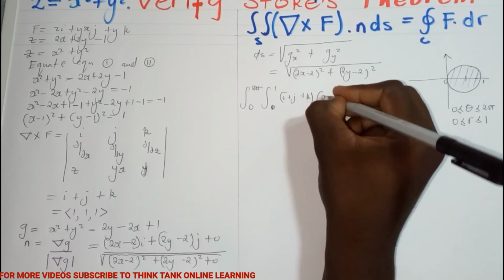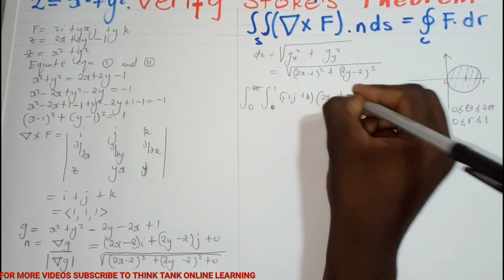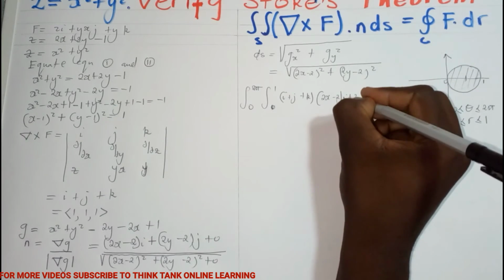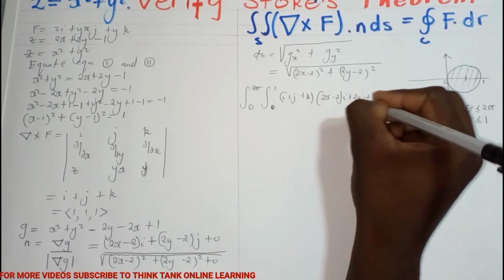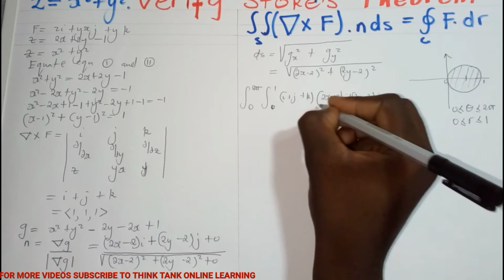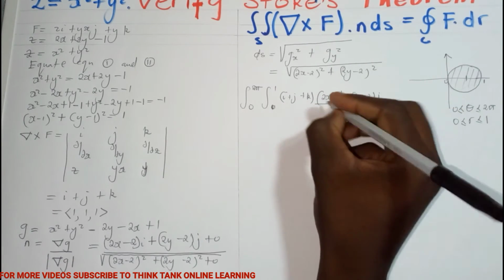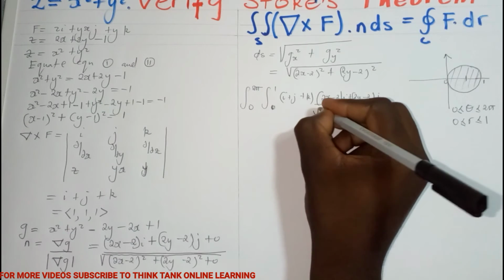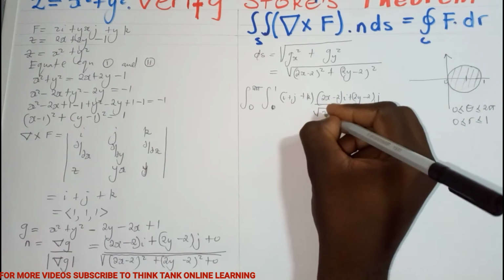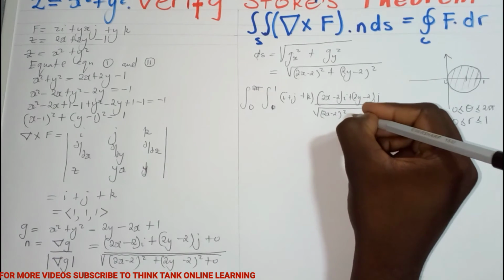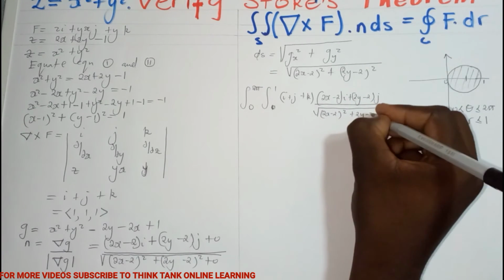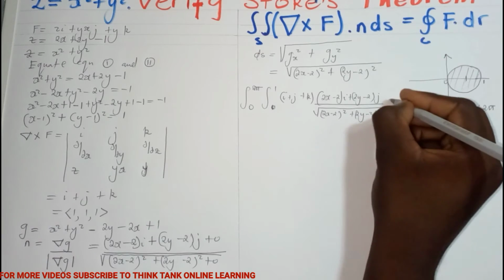The normal is (2x minus 2) i plus (2y minus 2) j over the magnitude, which is the square root of (2x minus 2) squared plus (2y minus 2) squared.